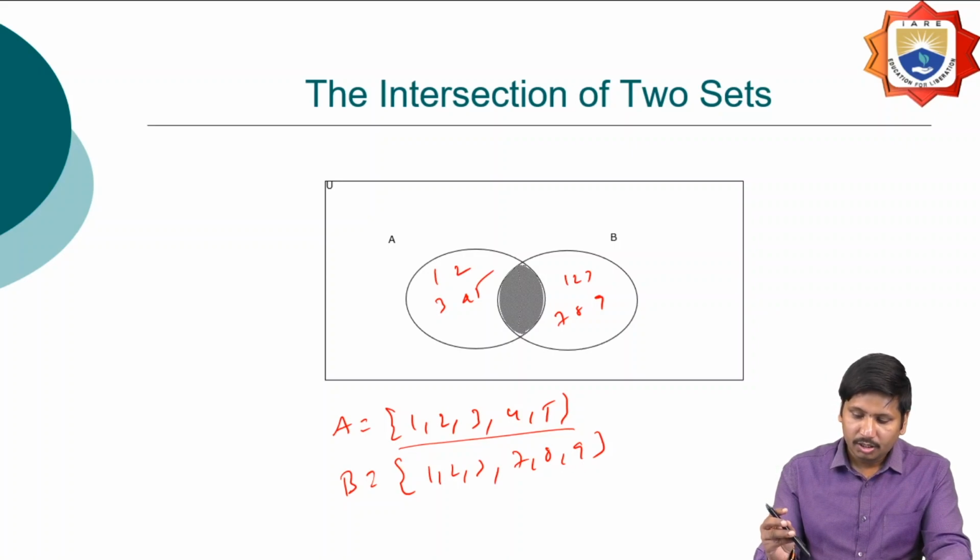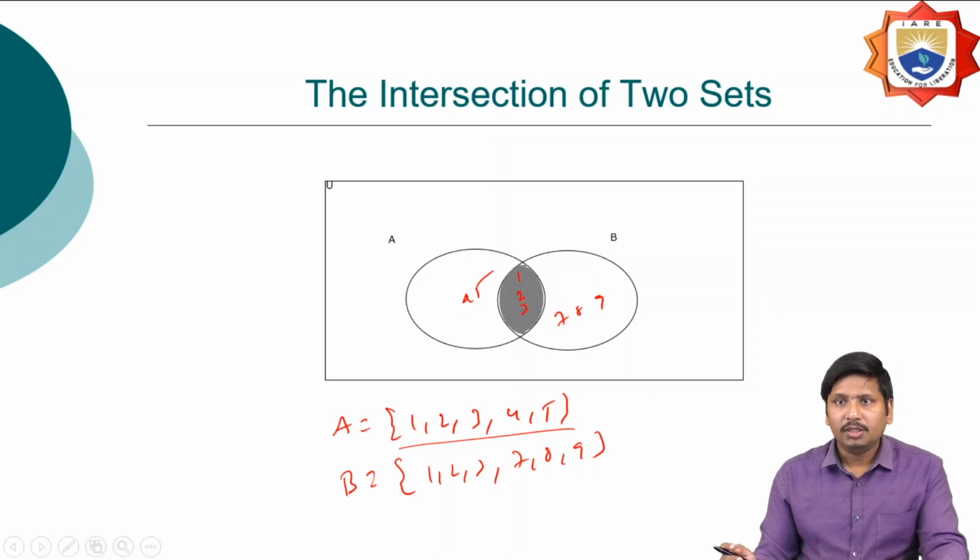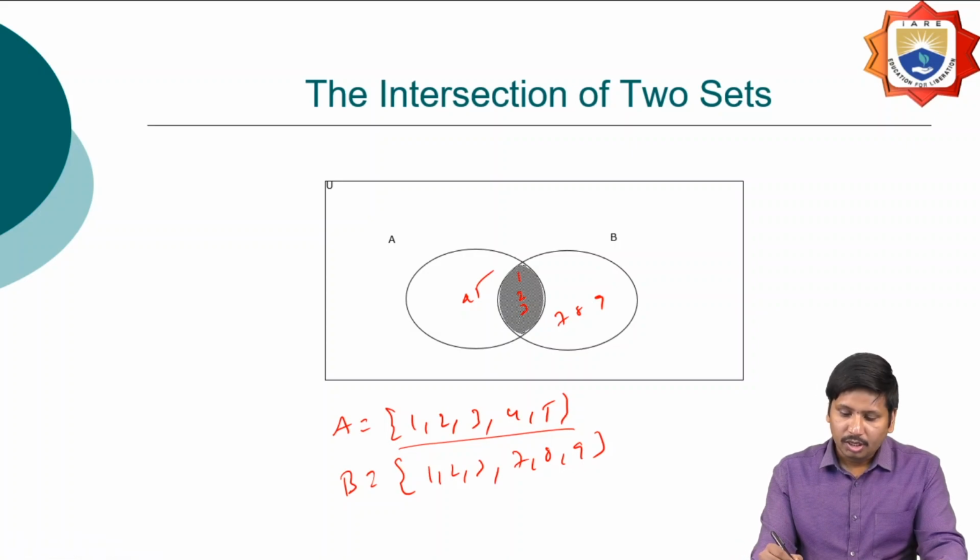What are the elements common here? 1, 2, 3, and here also the same, and these are the two different values. The elements which are common in set A as well as in set B, I can call the intersection part of the set.